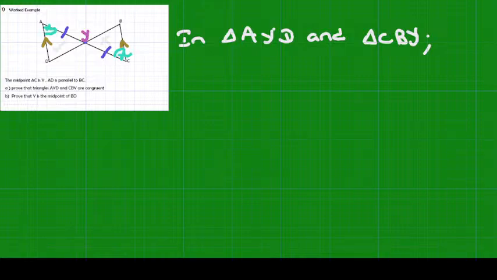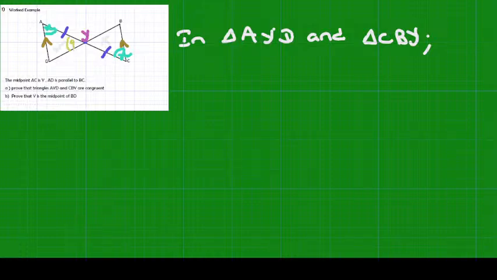Another thing that we can mark is, when two lines intersect each other, when two lines cross each other, the vertically opposite angles formed are equal. What does that mean?